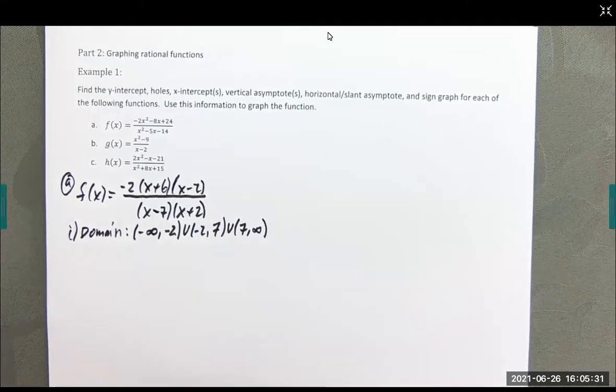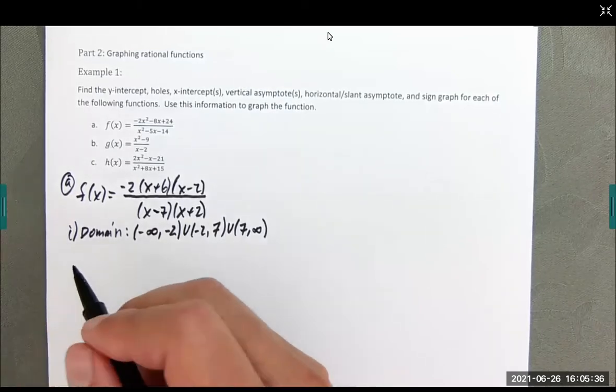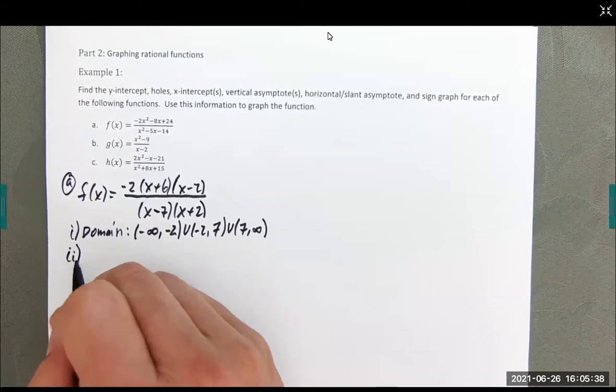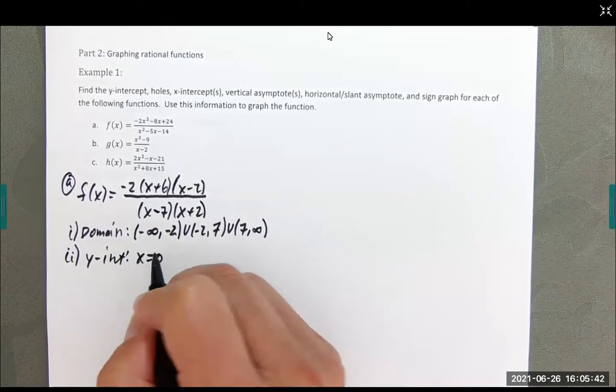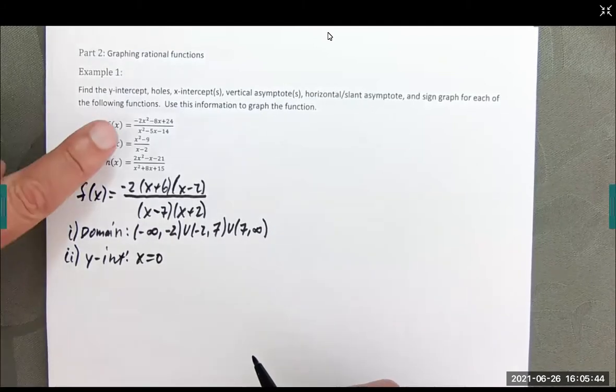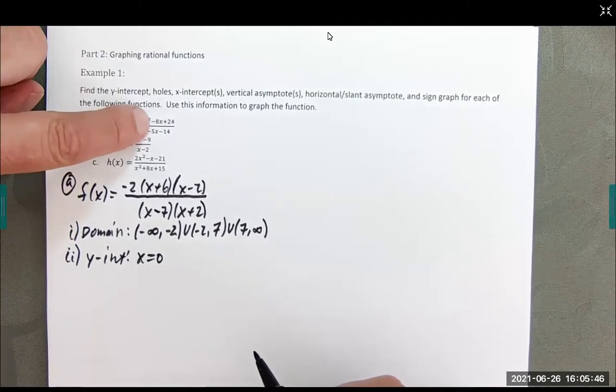So our second part is going to be the Y-intercept. Again, that's when x equals 0. And we can see right away when x equals 0, those are gone. Those are also gone.